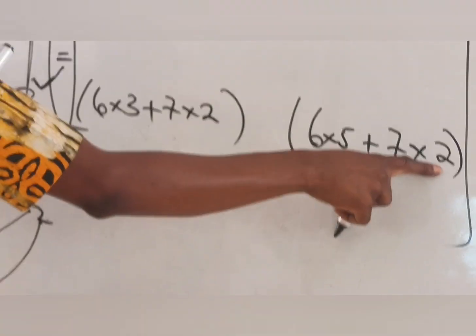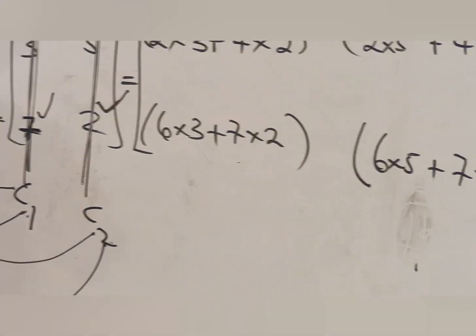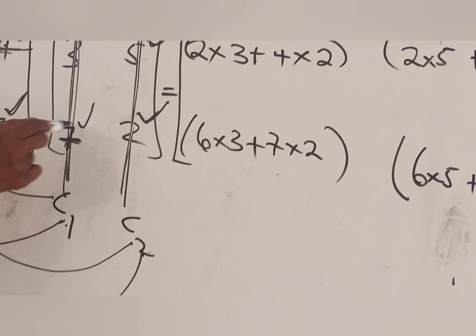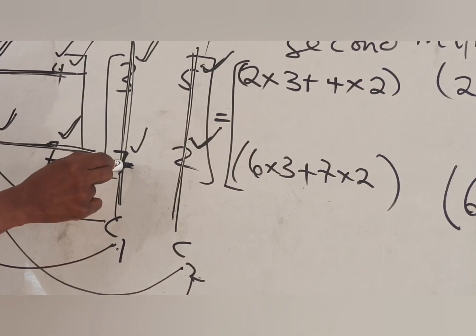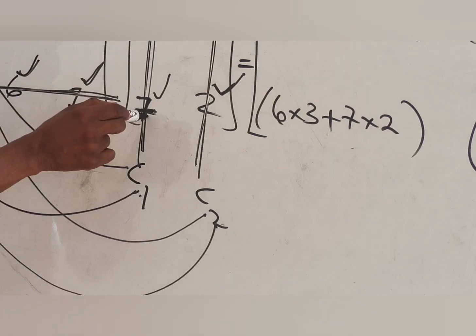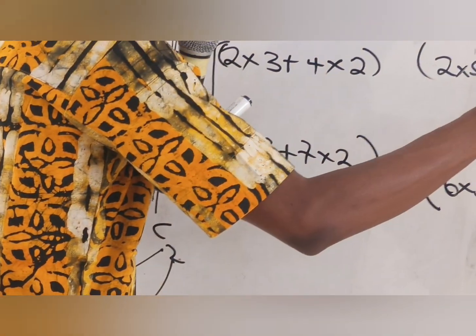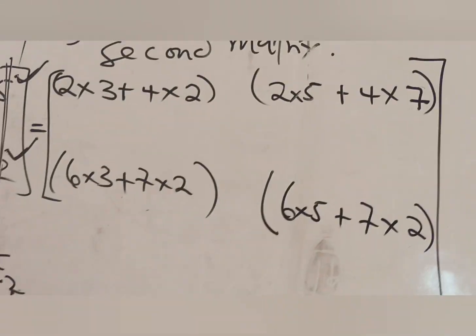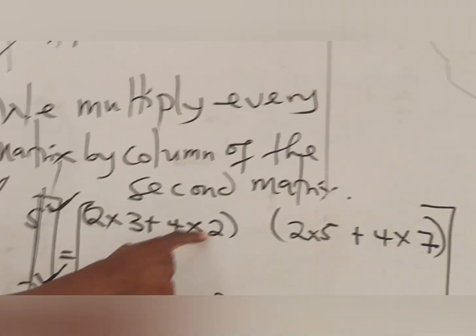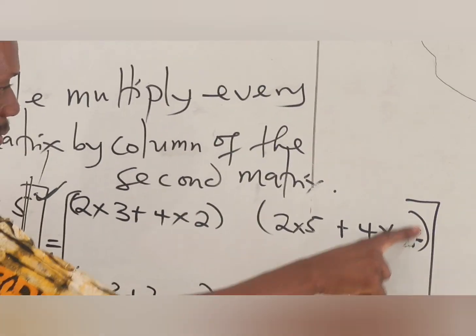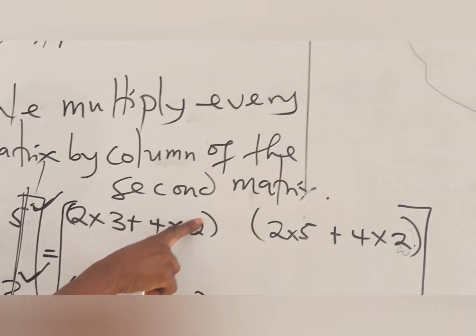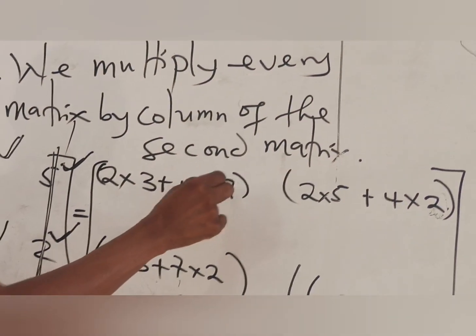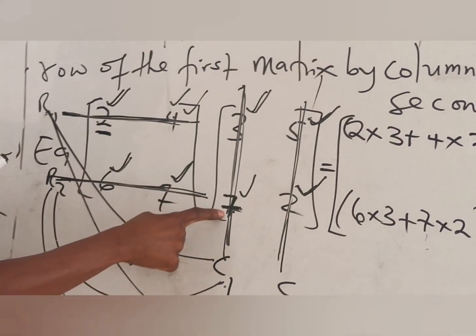I was writing 2 here because we crossed it, so I thought it was number 2. So it's 7. Can you see? So this one is 7. So it's 4 by 7. Sorry, thank you. This place, so 4 by 7. Can you all see?